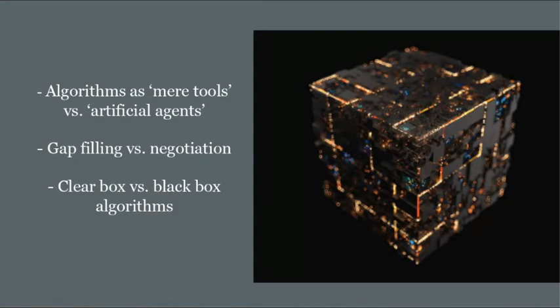But the difference comes in the fact that contract law is not designed for those cases in which the contracting party outsources the process of evaluating the possibilities in the pre-contracting phase to an algorithm. And this is the case of the artificial agents.